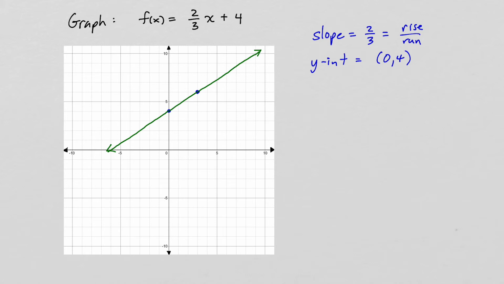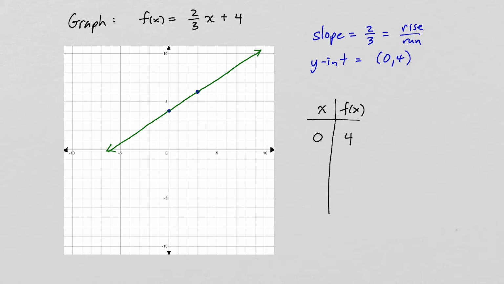Another method that we could use, which is a little bit more time consuming, is you can get some points. Now, the way to do this is to just pick a couple of x values to plug into the function. So for example, I might pick x equals 0. 0 is always nice. If I plug in x equals 0, we get f of 0 is 2/3 times 0, which is 0, plus 4, which is equal to 4. And then I need to pick another value of x.